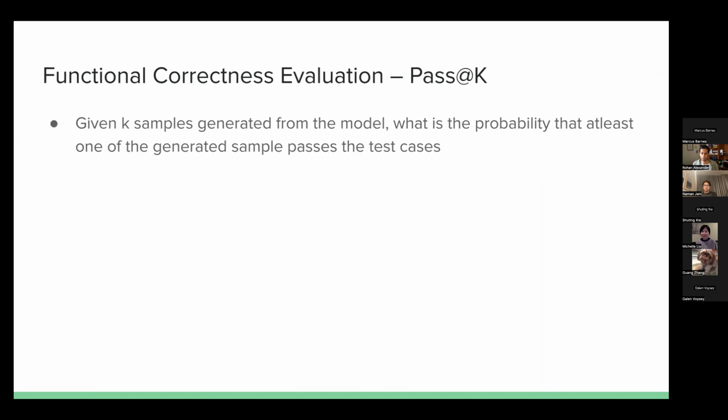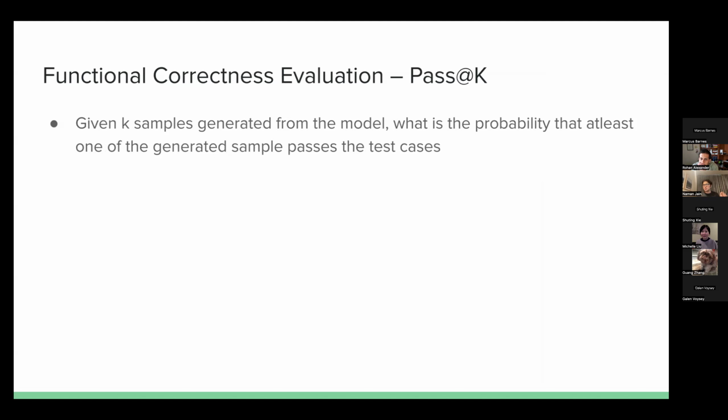And how are people evaluating performance? So this is a nice metric which has some nice statistical properties. We use the pass at k metric. The basic intuition is that if you sample k samples from a model, what is the probability that at least one of the generated samples passes all the test cases, or is correct?